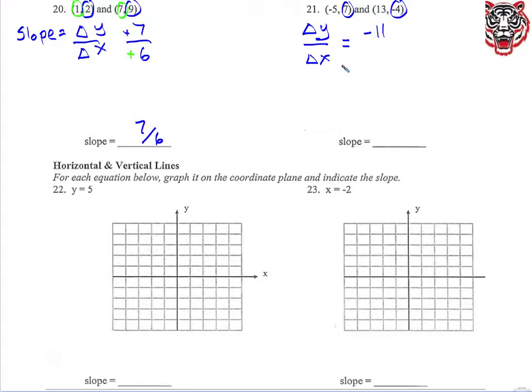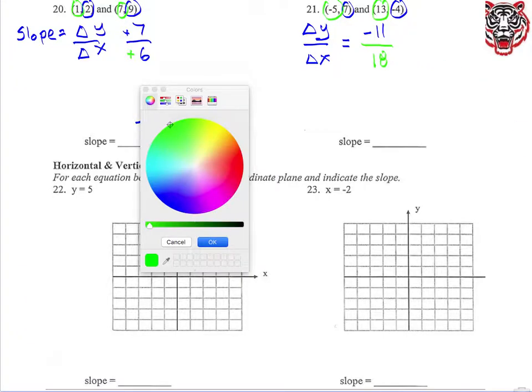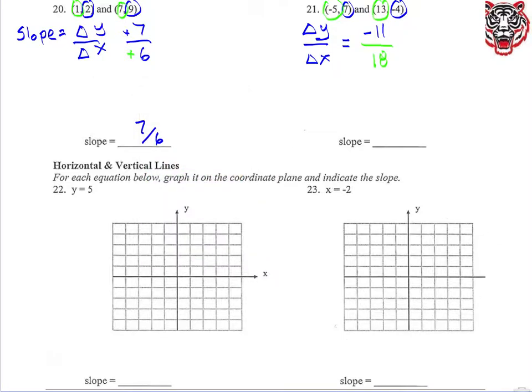So Jack does have the right answer. To get from 7 to negative 4, I have to subtract 11. Then the next question is, starting at negative 5, how do I get to 13? Careful here because I'm going positive. All right. So the correct answer here is negative 11 over 18.